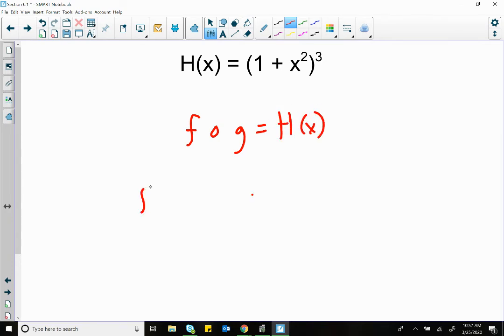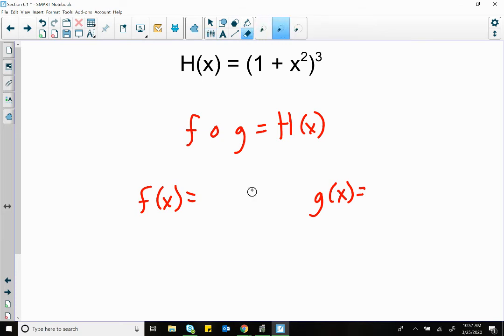What is the original f equation? What is the original g equation? In other words, when I take g and plug it into f, I get this. Cool thing about this is that it is multiple choice, so you can actually just take each answer, take the g, plug it in, and see which one comes out to this. But I will let you know they're going to keep things pretty easy for you.